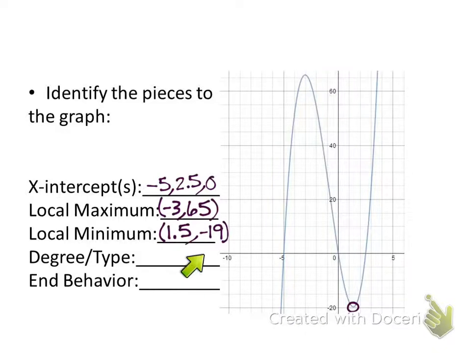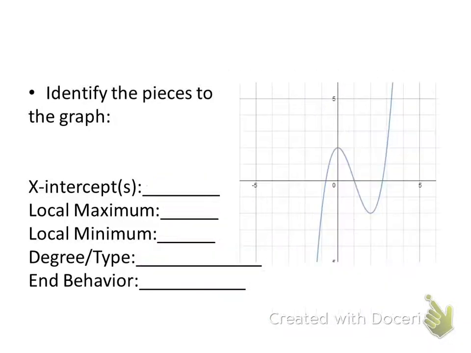So that valley, 1.5, -19. So now we're going to identify the degree, count the number of turning points, add 1. So again, we've got a peak, we've got a valley, add 1, we're looking at 3. Again, the type is cubic. End behavior is similar. We're starting down, we're ending up.